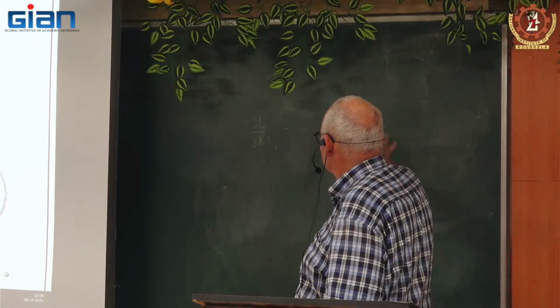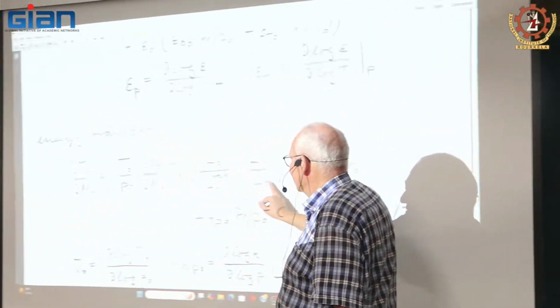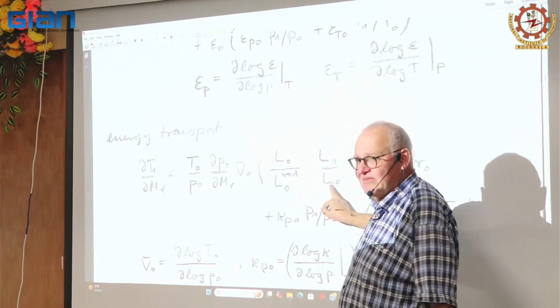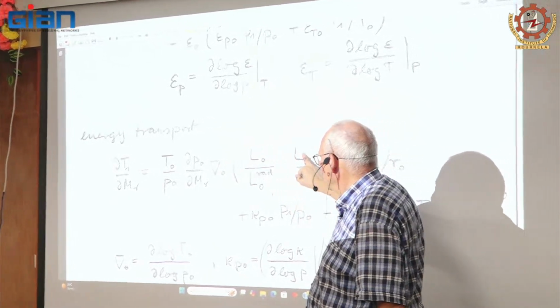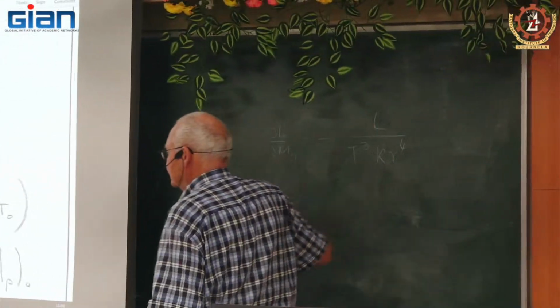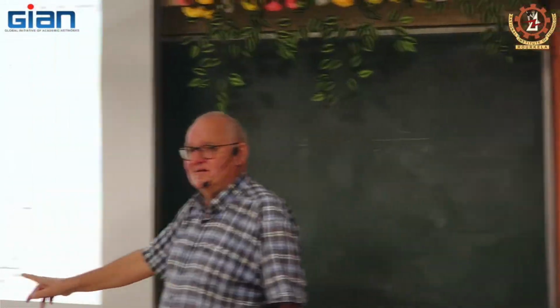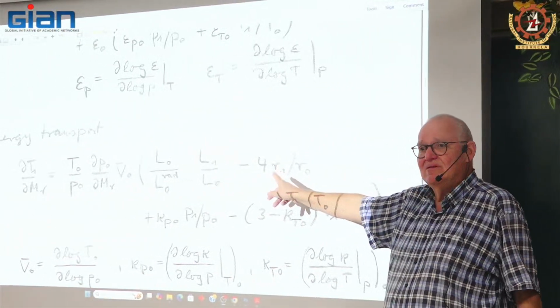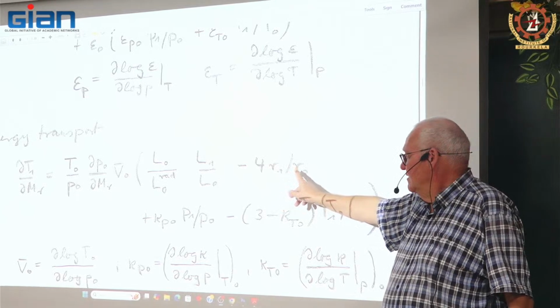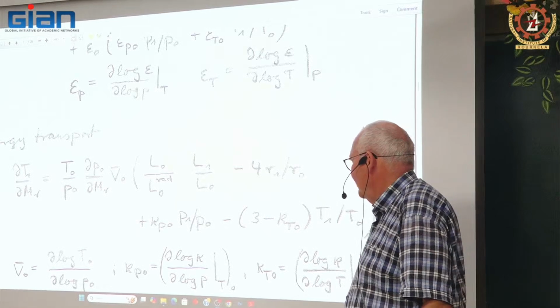We need to linearize this term. This gives, in terms of the linearization of the luminosity, a term proportional to L1 over L0. Then we have 1 over r to the fourth. This gives a minus 4 times the perturbation of the radius. And then we have the opacity.